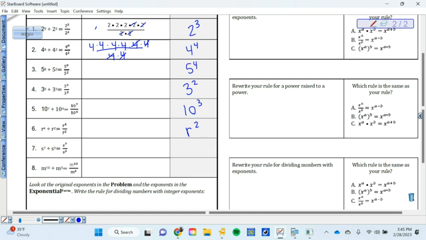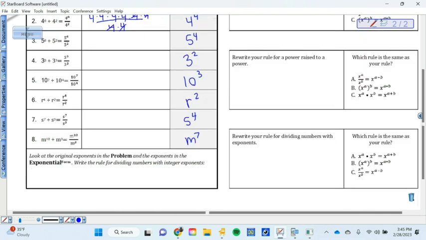R to the 2nd, or R squared. Good. Number 7, S to the 4th. And number 8, M to the 7th. Good. So again, when we're dividing with exponents, we subtract the exponents.